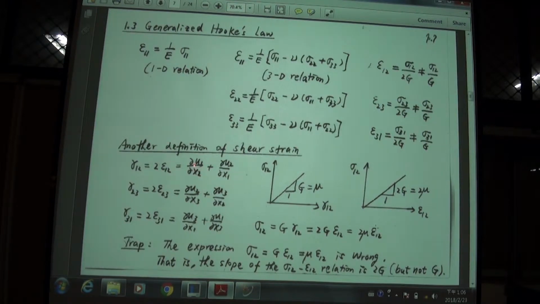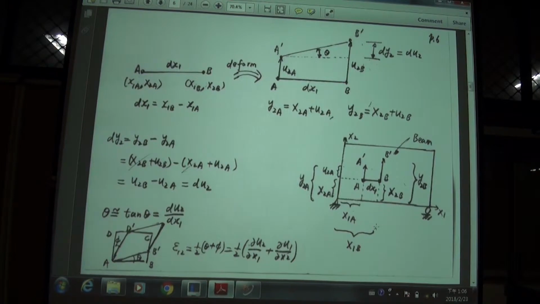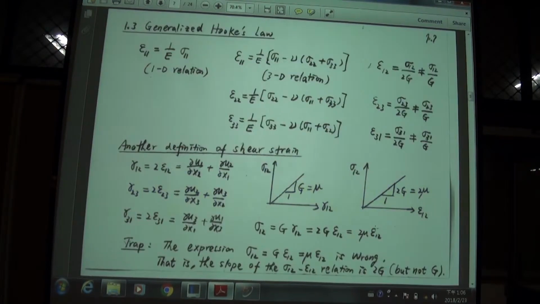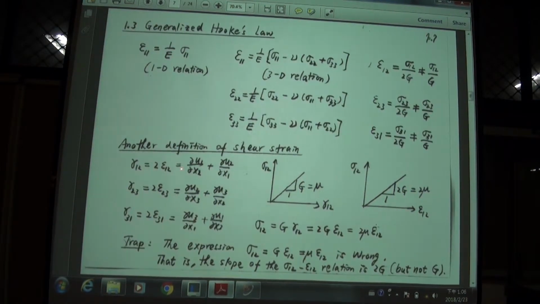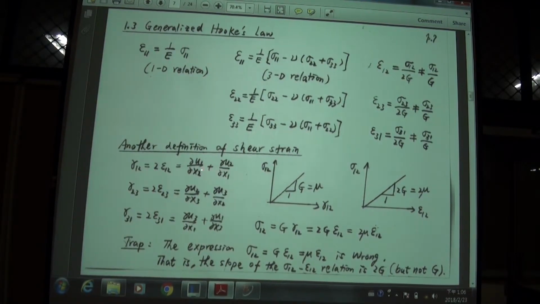Okay, this one is simpler. We don't need to have a 1/2 factor. Instead, like this. See, if you have a 1/2 factor here, it looks a little bit clumsy, right? Not very neat. So in the old days, people thought that the shear strain should be expressed directly in terms of this more concise expression.